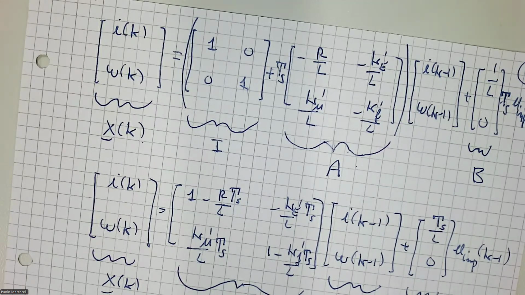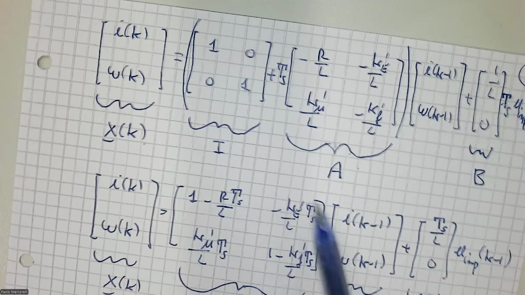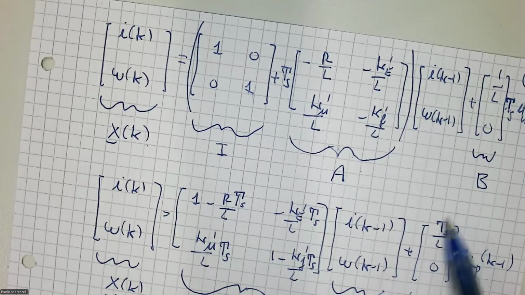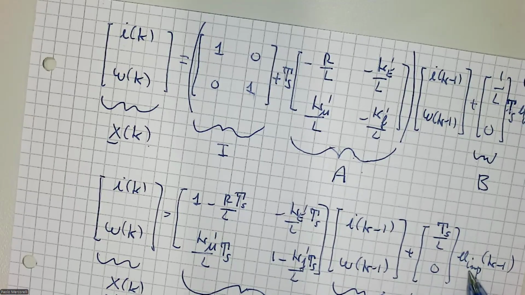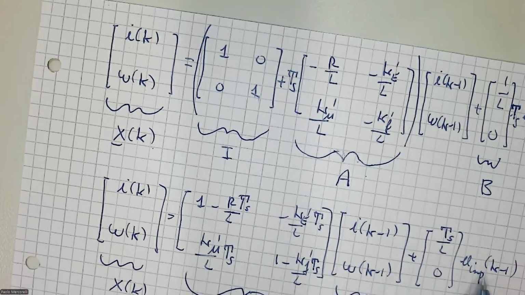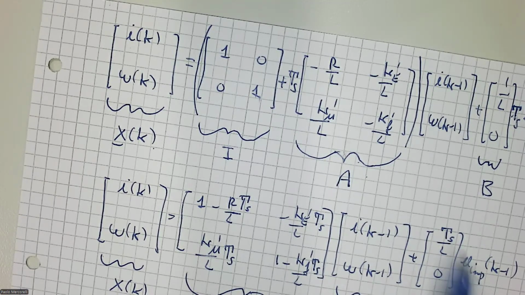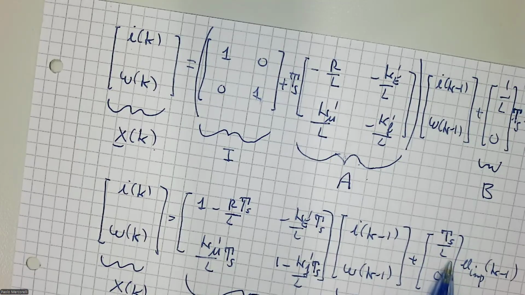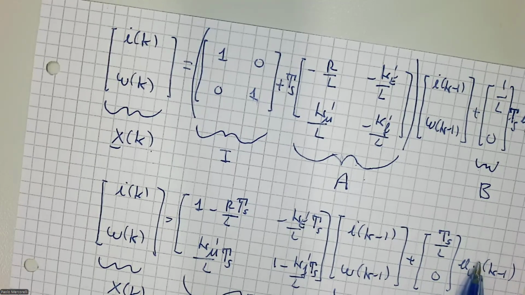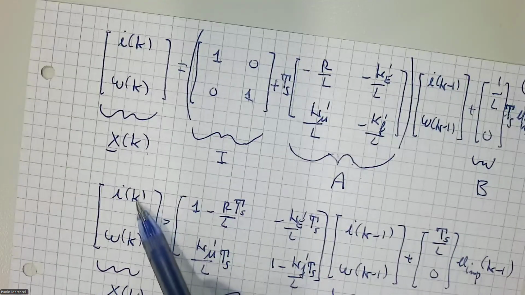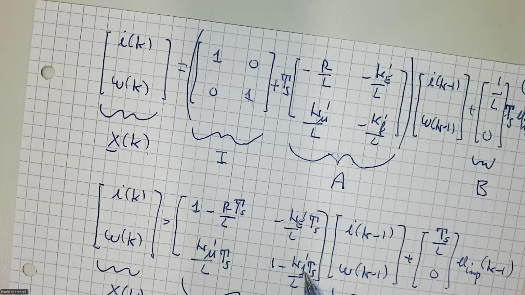Just a few considerations. As I told you last time, if Ts is too small, this representation of the system is not controllable. Why that? Because we have here 0 or almost 0 or something negligible with respect to 1. Here is 0, here is 0. This means in the representation in the microcontroller, the input is not controllable or not very well controllable because the action of the input does not influence the current, and does not influence the velocity.